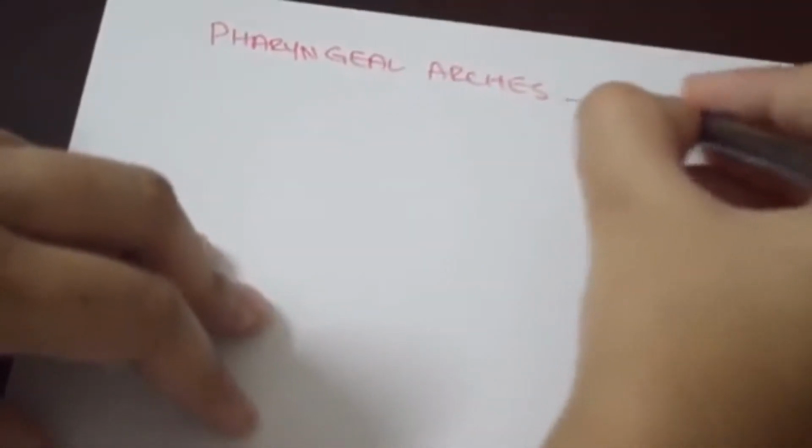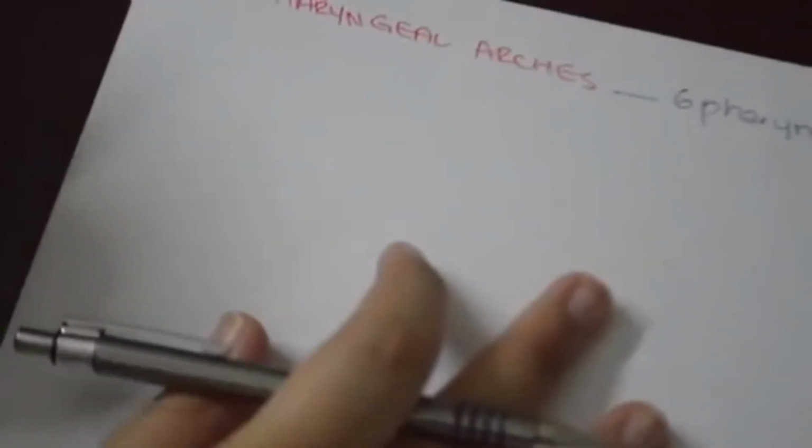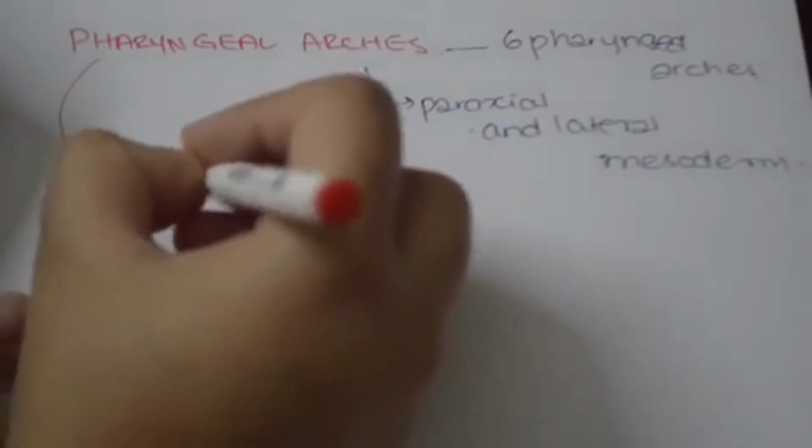These are derivatives of the mesoderm, specifically the paraxial and lateral mesoderm. I'll explain in another video what the paraxial and lateral mesoderms are if you don't know already. So now the components of a typical pharyngeal arch would be.